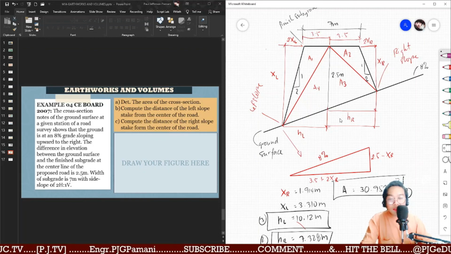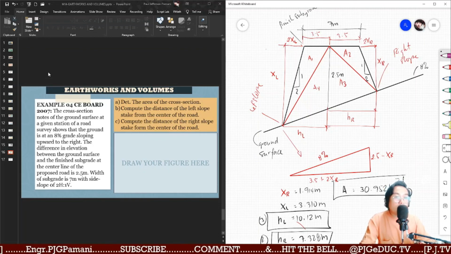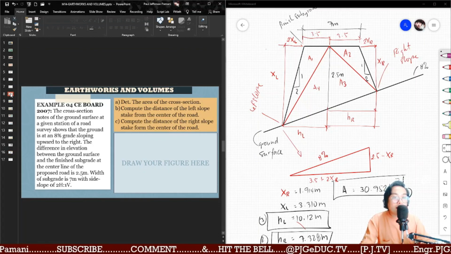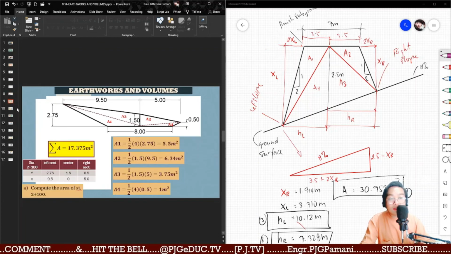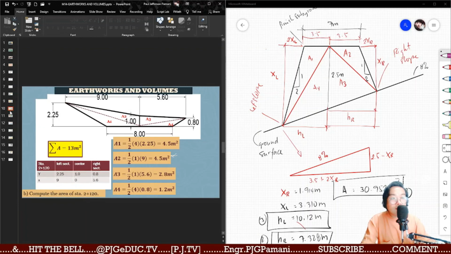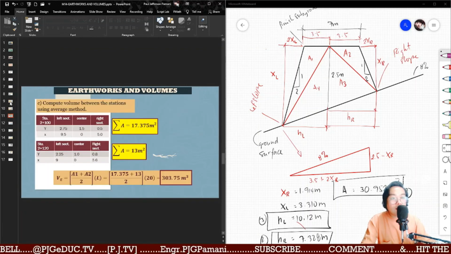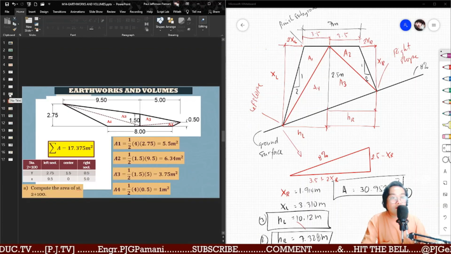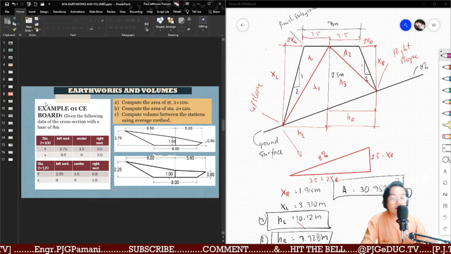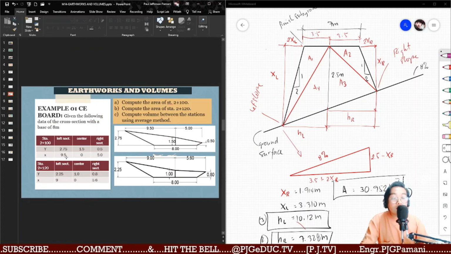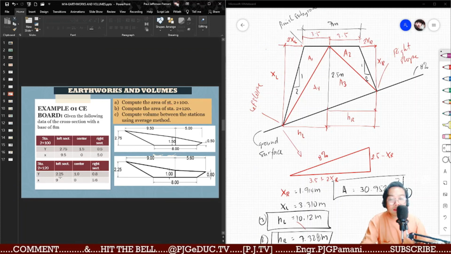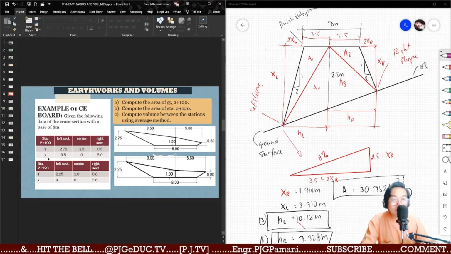Sa prismoidal naman, kung sa prismoidal, kagaya ng example natin sa end area, again, prismoidal, kailangan natin ng middle section. So kung sa prismoidal, ibig sabihin tatlo yung magiging table of reference natin for the station. Station on the front section, station on the end section, and station on the middle.